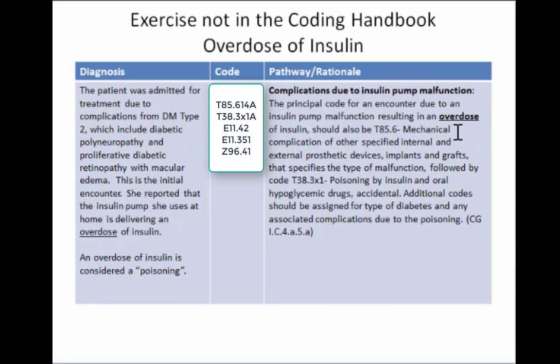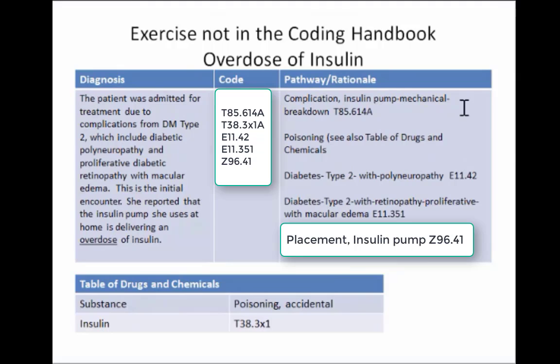So you're going to go back to that T85.6 code. This time your T38 code is a poisoning code, not an underdosing code. And then of course your additional codes assigned for diabetes and any associated complications. This shows us, for that particular case, the pathways.